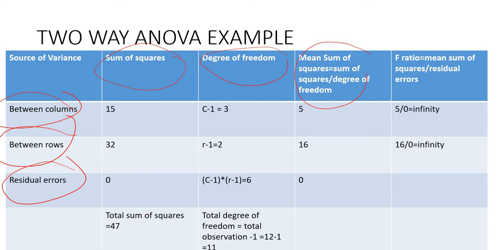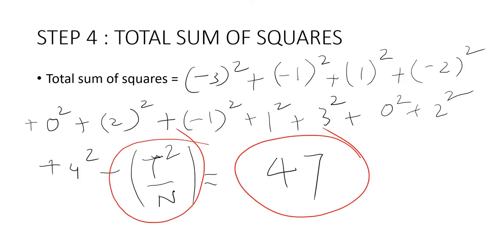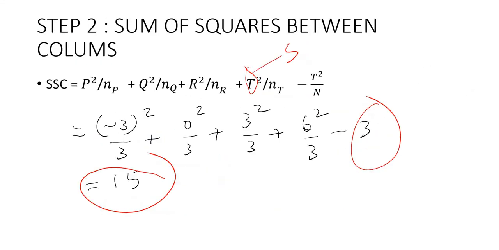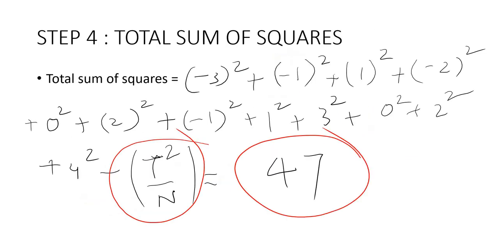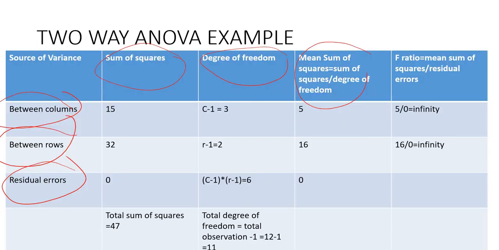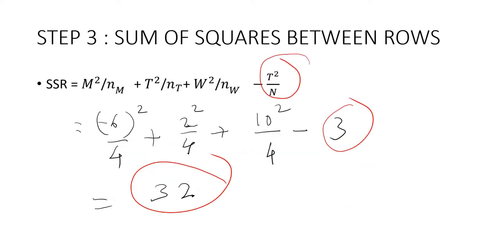Now you understood the sum of squares between columns, it is 15. You put it in the table. Between rows, you got it as 32. This is 32 between rows.